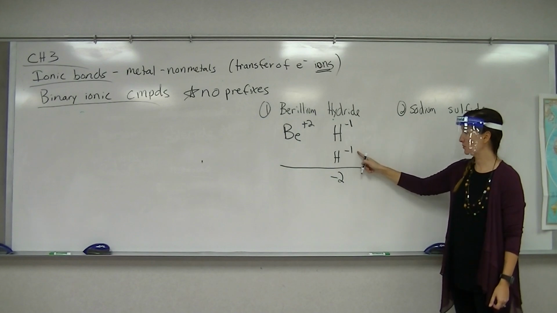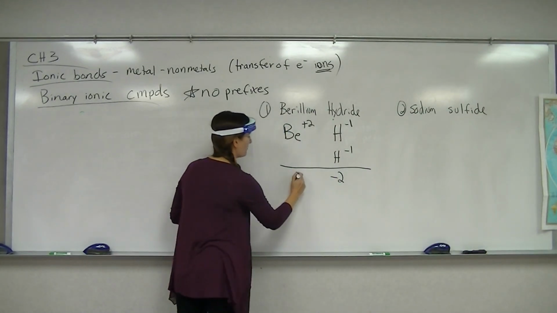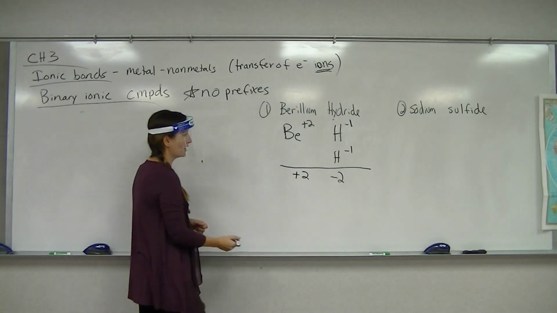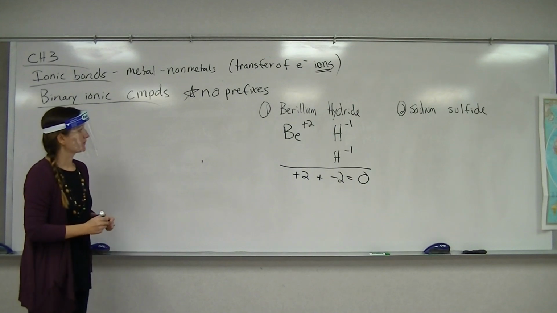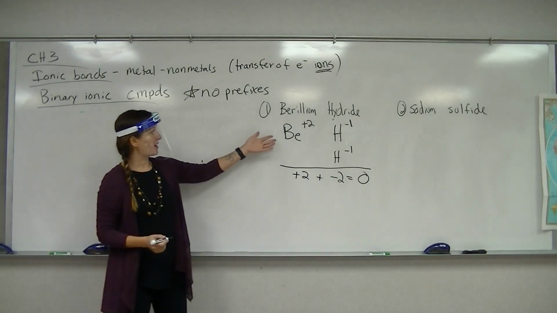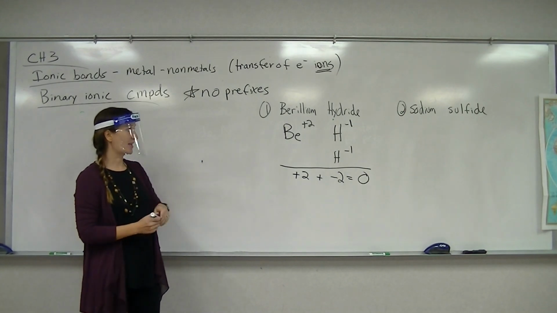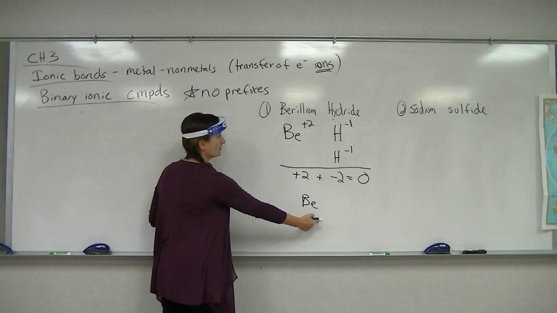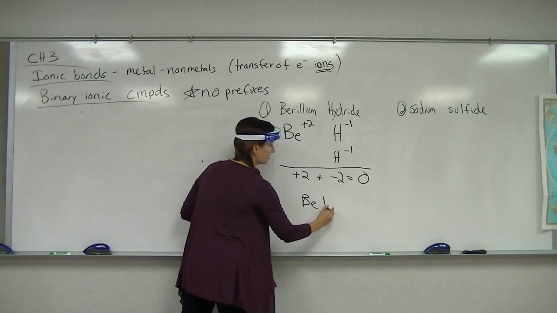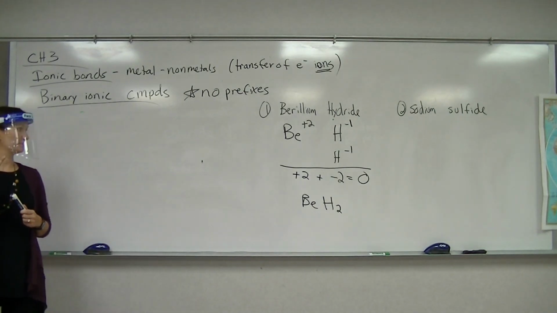Right? -1 plus a -1 equals -2. On the beryllium side, I have just one of them for a total of a +2 charge. So now it's neutral. Since it's neutral, that means I need 1 beryllium and 2 hydrogens. To represent that in a chemical formula, I would write Be, and there's just 1, and then hydrogen with a 2 as the subscript, because I have 2 of them.